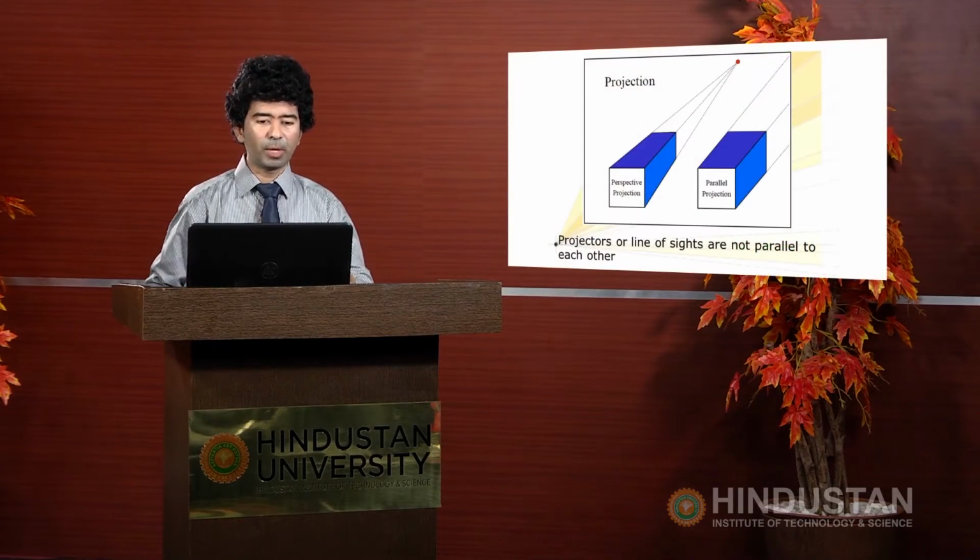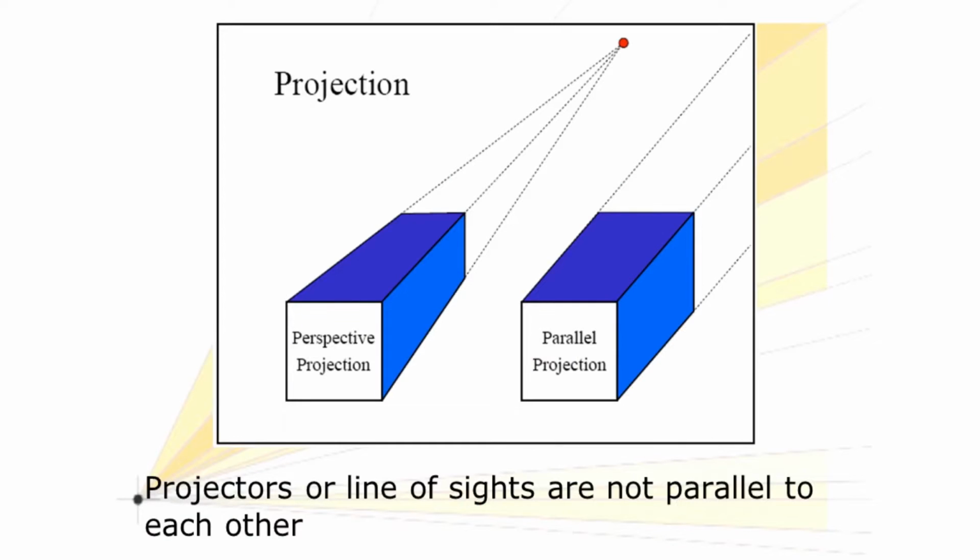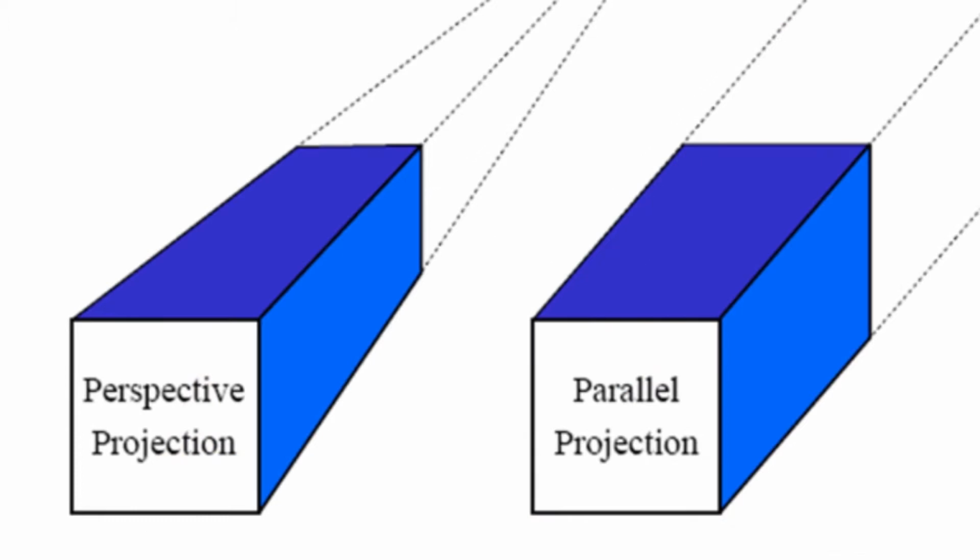In this next slide, I'm showing the types of projections. The first is the parallel projection, and the second is the perspective projection. In parallel projection, we can see the lines going in a parallel direction, and in perspective projection, we can see that the entire object converges to one point.